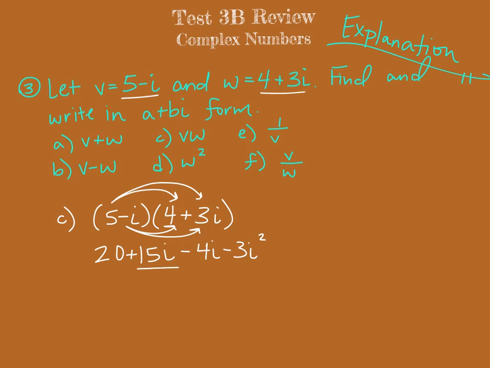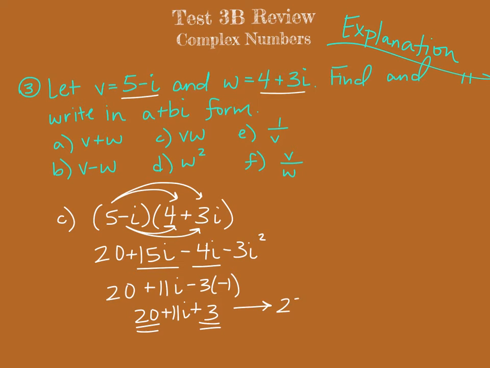So we can combine our like terms with i, and that will give us plus 11i in the middle. Then I'll replace i squared with what it equals, which is negative 1. So this turns this final term into a plus 3. So we actually have 2 real numbers here that we can combine to give us 23 plus 11i.